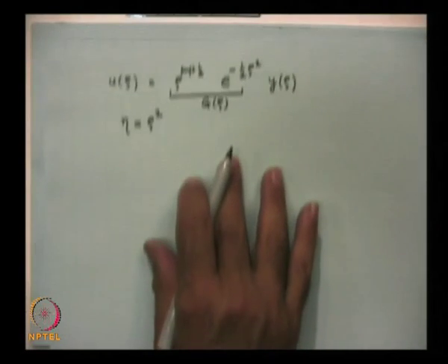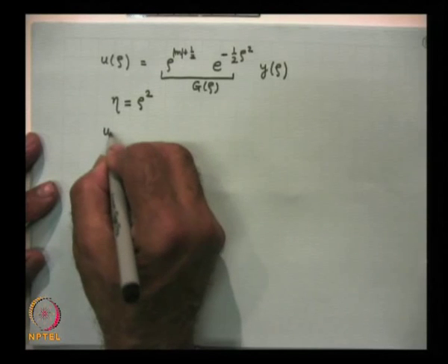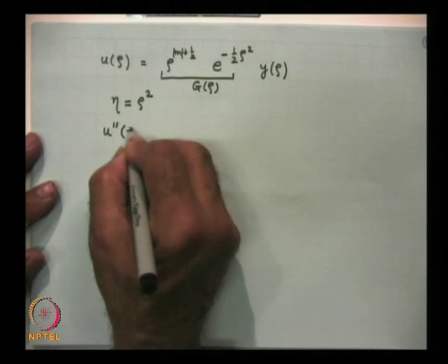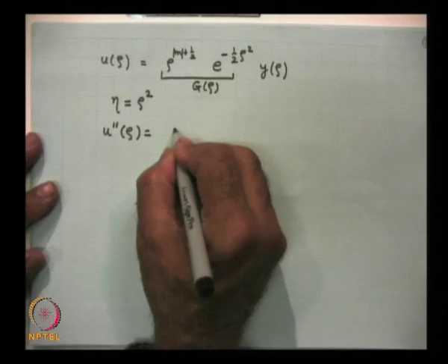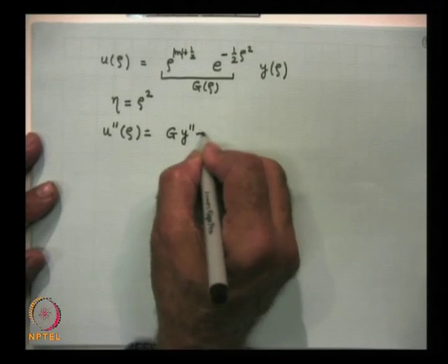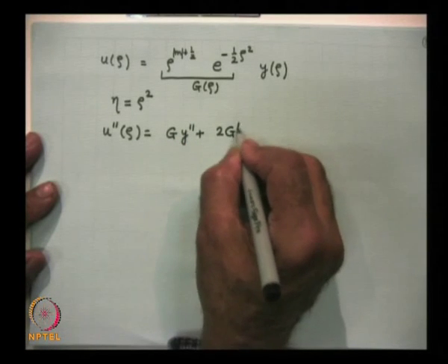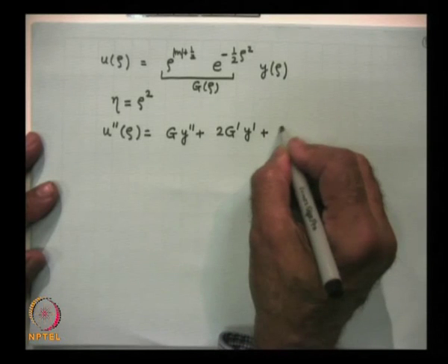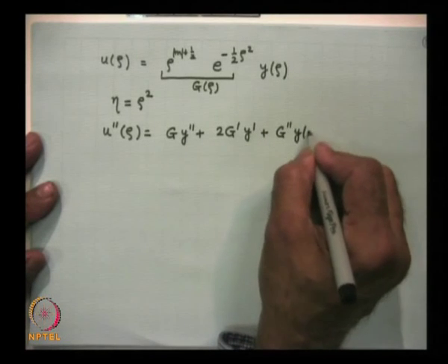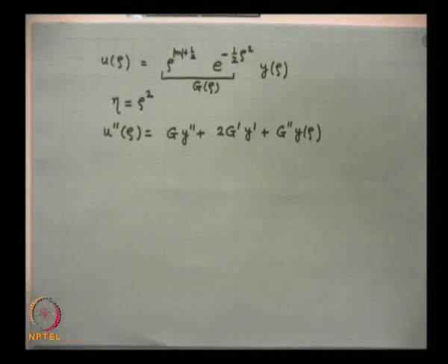and we can write down, just as we did, u double prime of rho will be equal to g times y double prime plus 2 g prime y prime plus g double prime y of rho, where the primes denote differentiation.